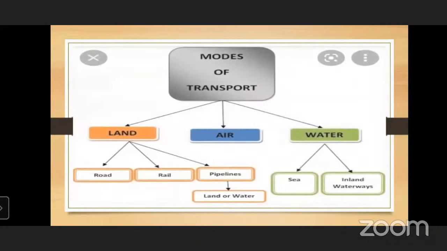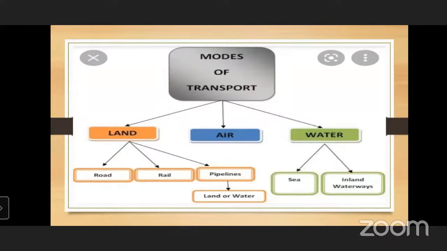See here, modes of transport. We have seen land, air, and water. Land is known as road, and it is divided into road, rail, and pipeline. See, land is again divided into three categories: roadways, railways, and pipelines.